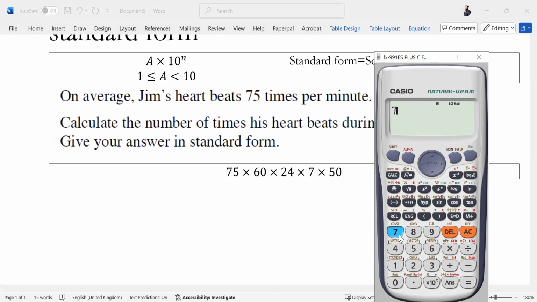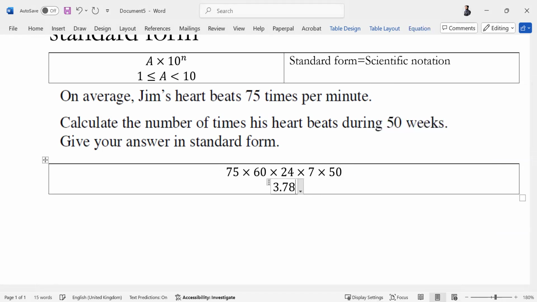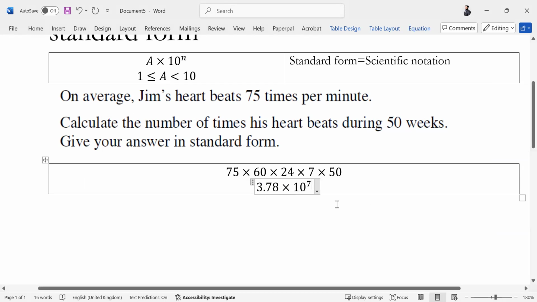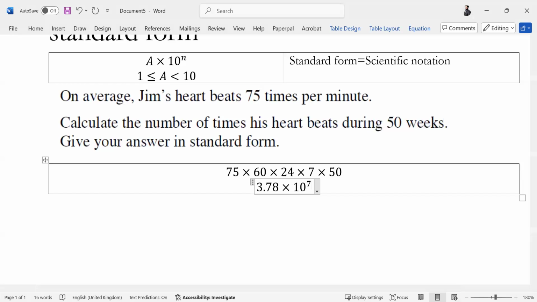If I write the entire value, 75 times 60 times 24 times 7 times 50, I'll get the answer in 3 significant figures in standard form. So the answer is 3.78 times 10 to the power 8. The calculator itself will round it off and provide me the answer in standard form. I will not have to work hard for it.